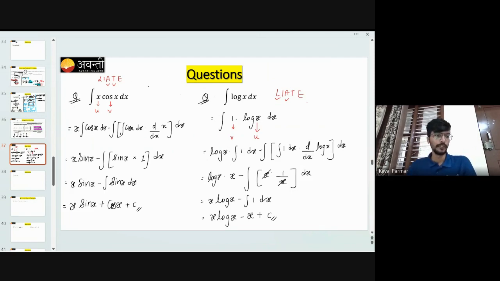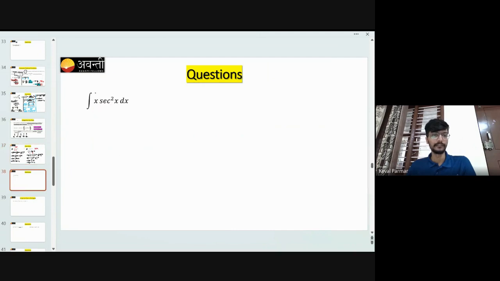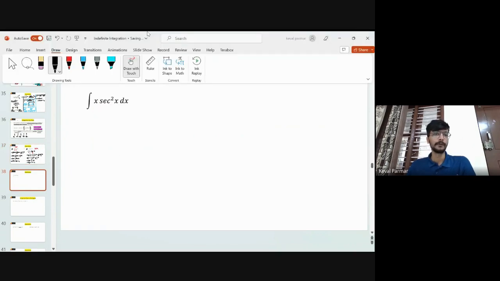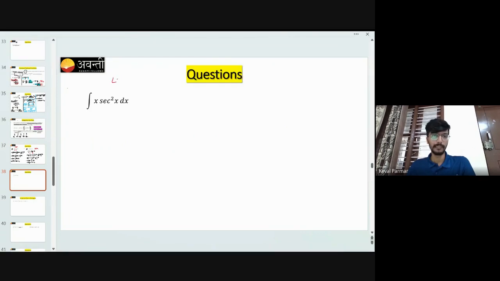Now let's proceed to the next. This is interesting. Now let's use LIATE again. What is LIATE? Here we have algebraic and trigonometric. So who came first? Algebraic. So that means this is my u and this is v.